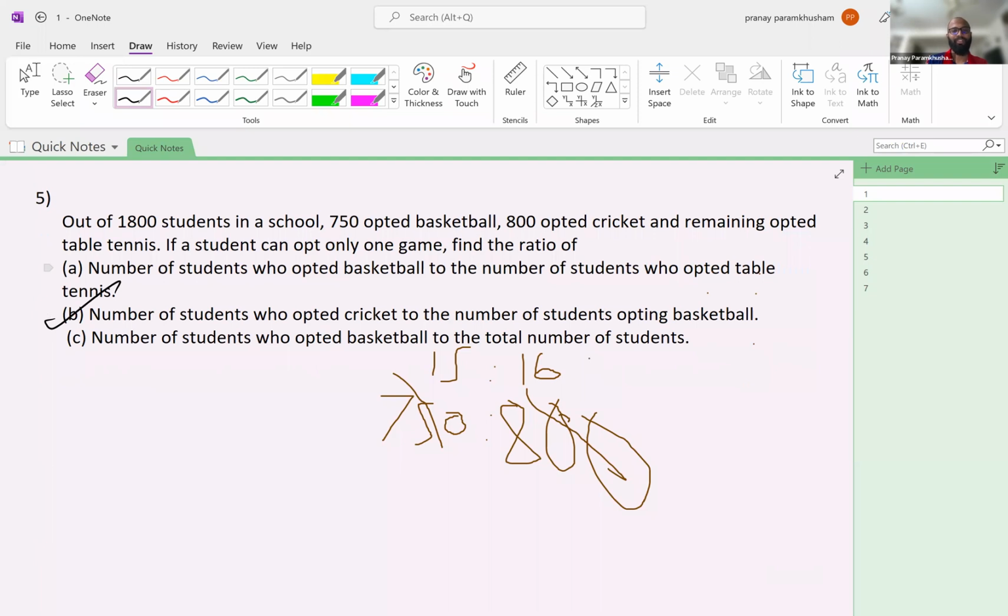It's 16 is to 15. Okay, I agree. That's fine. But what about the first one? How many players are playing tennis? Wait, hold on. That is the first one. Oh, yeah, you did the second one. 16 to 15. Oh, right.